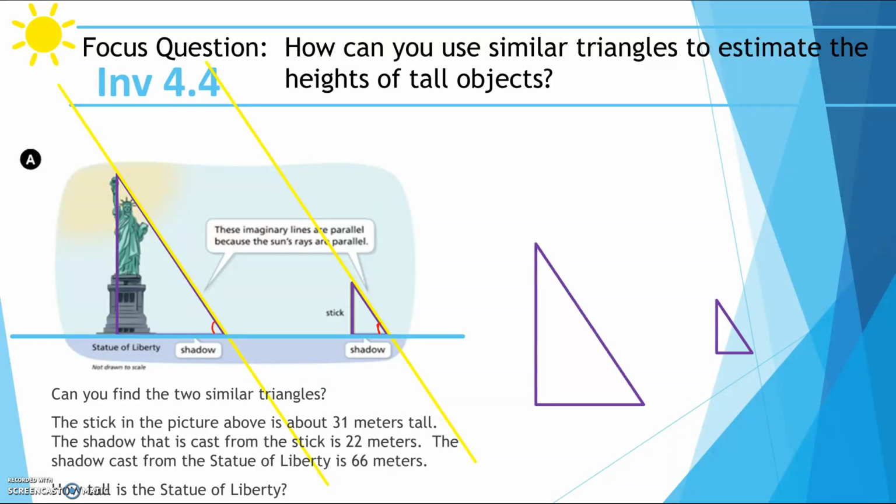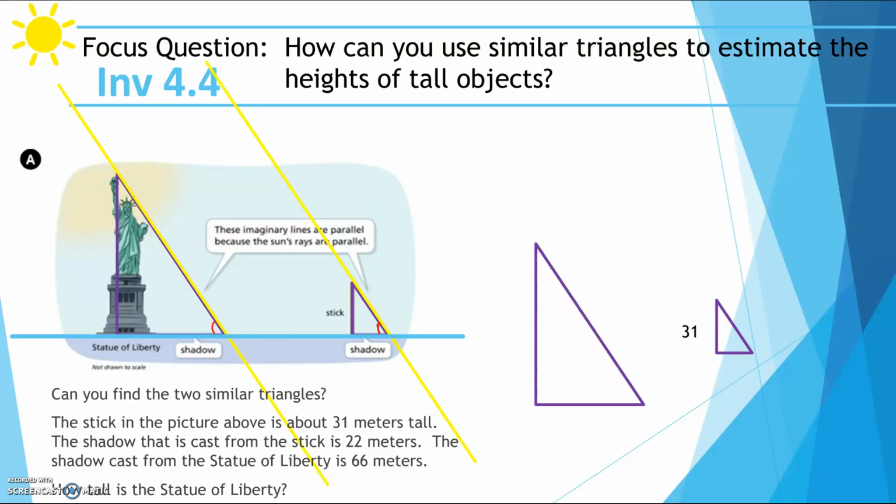And I'd like to label everything that's given to me about these two triangles. So remember, the smaller right triangle is representing the triangle involving the stick, and the larger right triangle is representing the height of the Statue of Liberty. So the first piece of information that is given is the stick in the picture is about 31 meters tall.